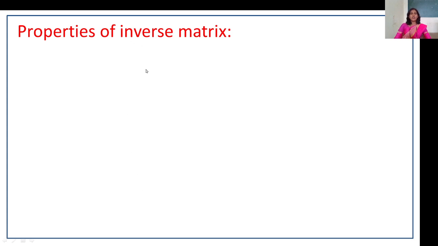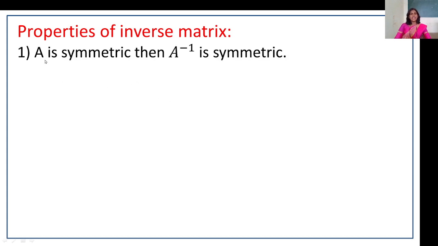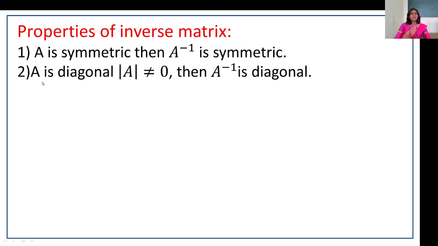Then properties of the inverse of a matrix. This is also useful for JEE and CET examination. So first, if A is symmetric, then A inverse is symmetric. Suppose A is a diagonal matrix and its determinant value is non-zero, then A inverse is also a diagonal matrix.